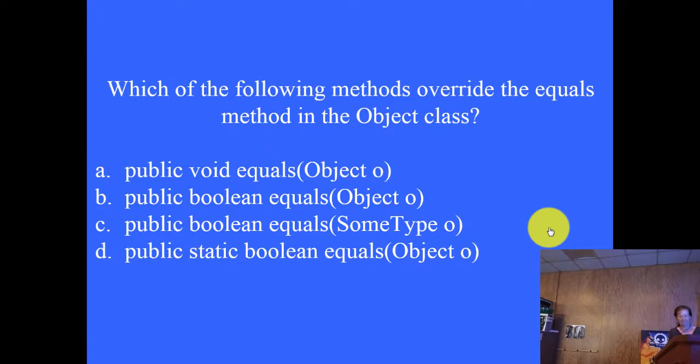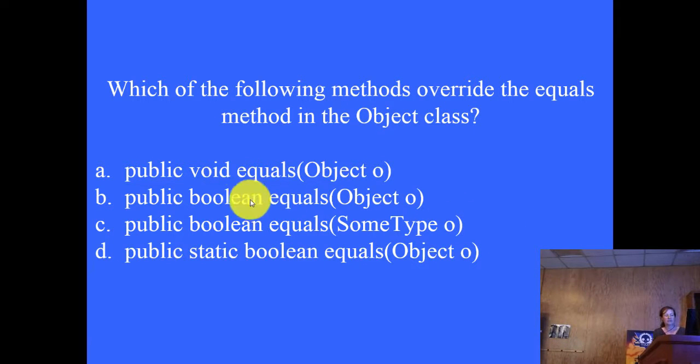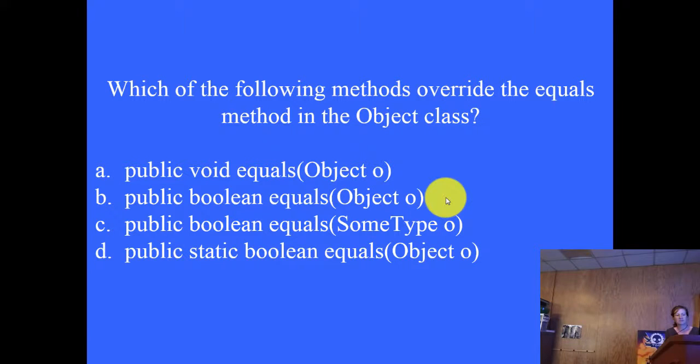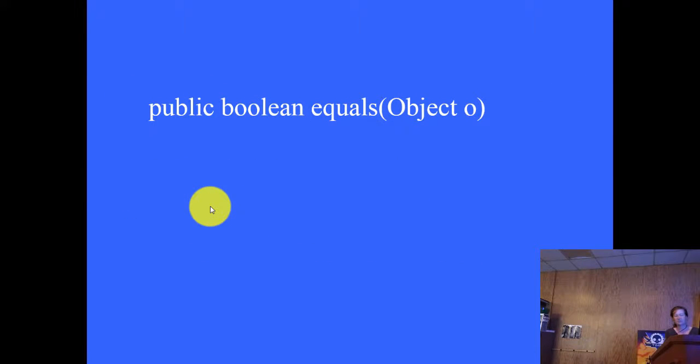I guess this one's kind of unfair. Remember that when you're overriding the equals method, you're overriding the equals method from the Object class. So it makes sense that this would be Object in here, right? And the equals method returns true or false, so you know that it should have a return type boolean. That's how I always think of that one. So it will be the one that returns type boolean that does take an Object. Because you're overriding it, it has to have the same type of parameters. Okay?